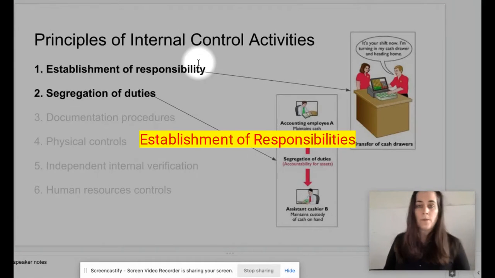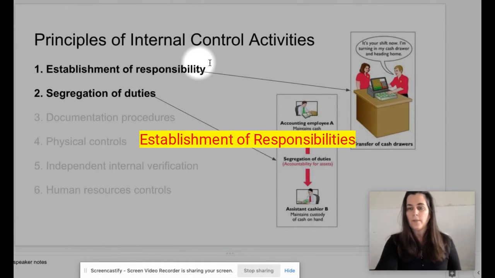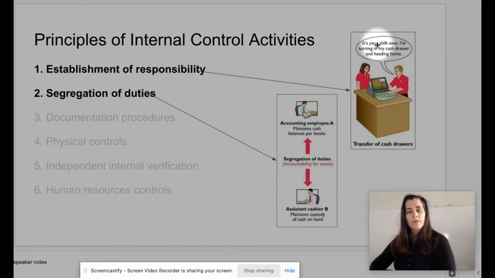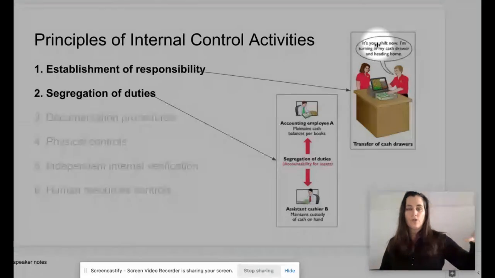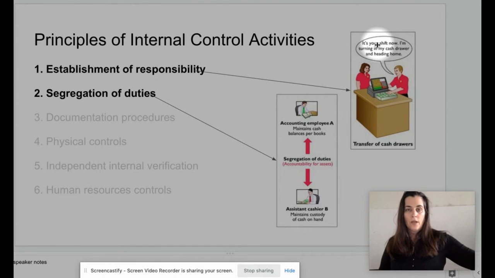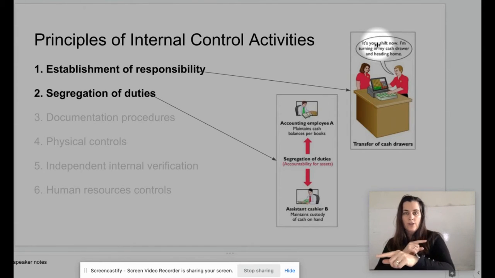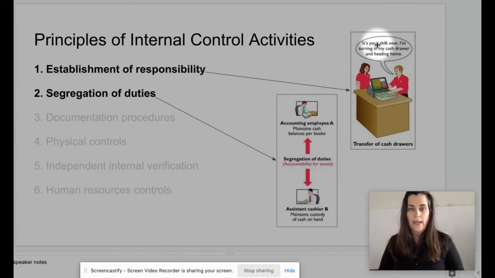So establishment of responsibility is, as the name suggests, we want to make sure that a cashier is the person who works at the cash register. We don't want someone who is supposed to be on the sales floor cycling into the cash register and then back out again. We want someone who is trained as a cashier and who understands the rules to be at the register.